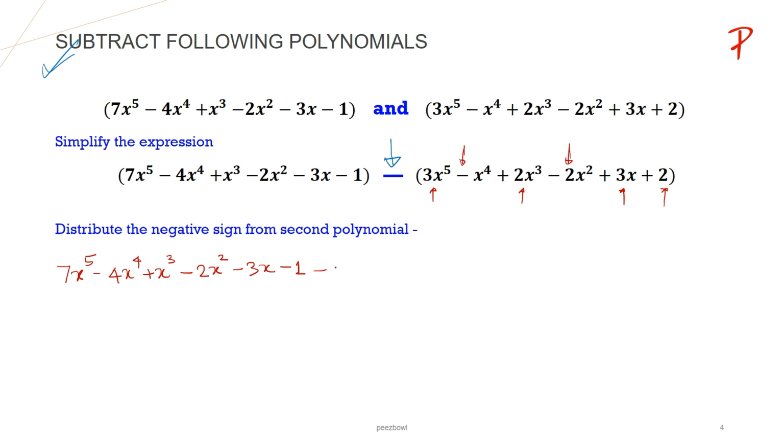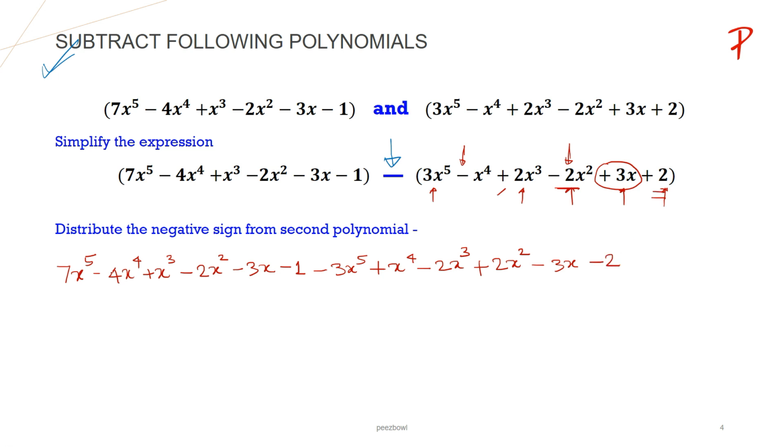So minus 3x to the power 5, minus x4, sorry, this is going to be plus x4, then minus 2x cube. Look at the second polynomial, this plus became minus. 2x square will become plus 2x square, then plus 3x will become minus 3x, plus 2 will become minus 2.